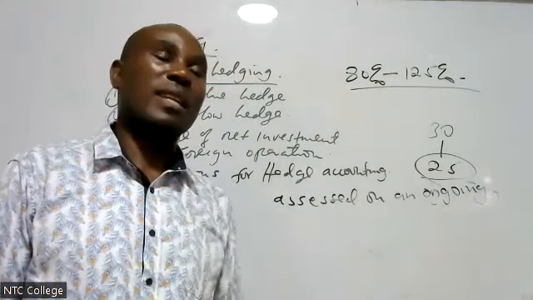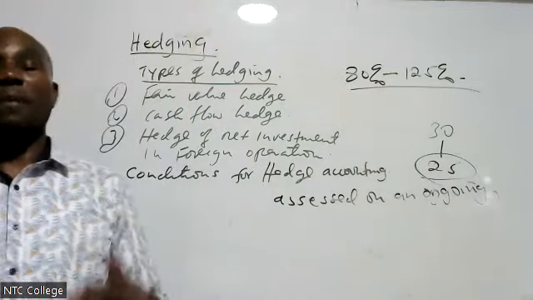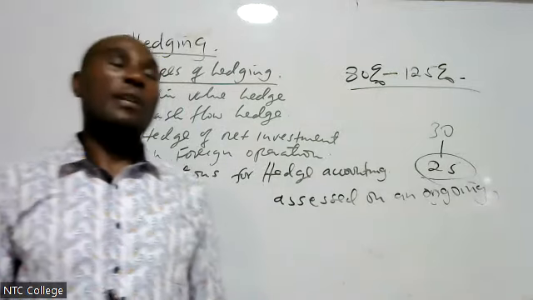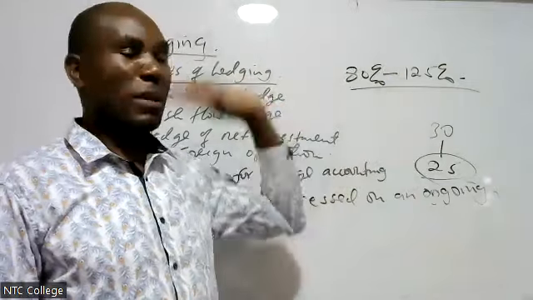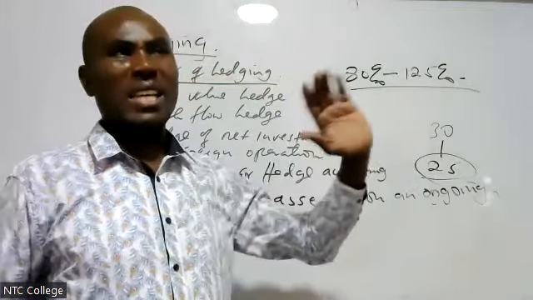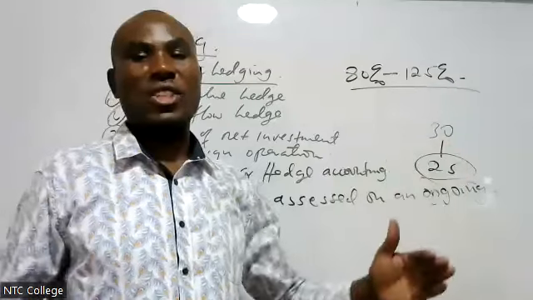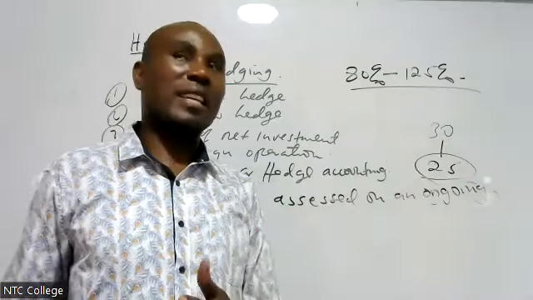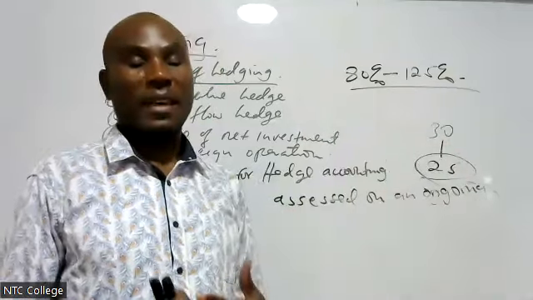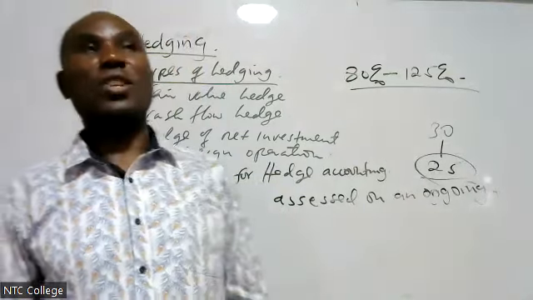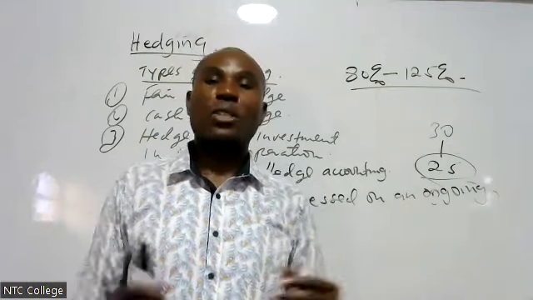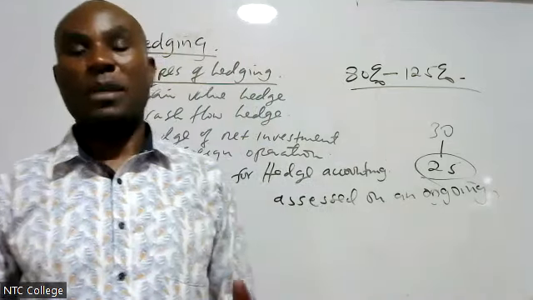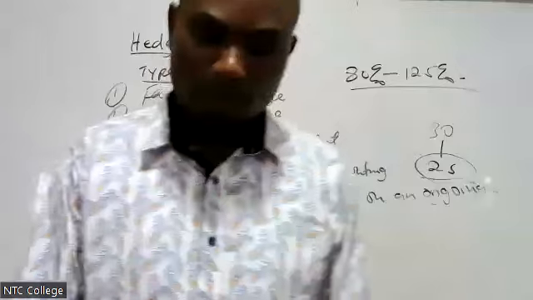You assess it frequently, and it must have been effective during the reporting period. That's why we use the quantitative, retrospective approach, going backward to see how this hedge has been performing. Has it been effective or not? Those are some of the conditions that must be met before a hedging relationship comes to exist.